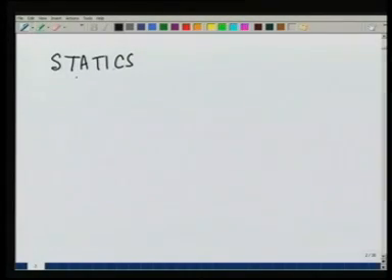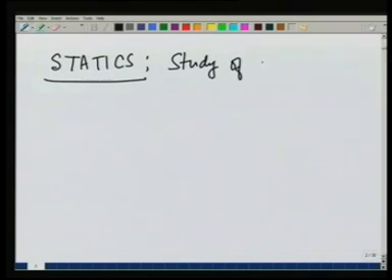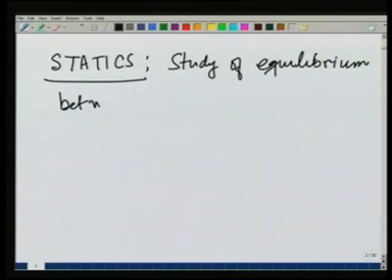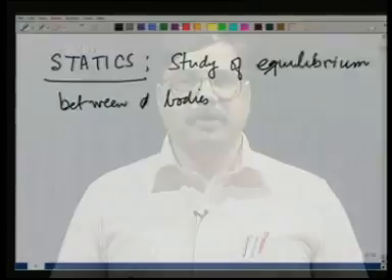So, statics is the study of equilibrium between bodies. When we say equilibrium, in general it means that there is no acceleration on any part of the system.